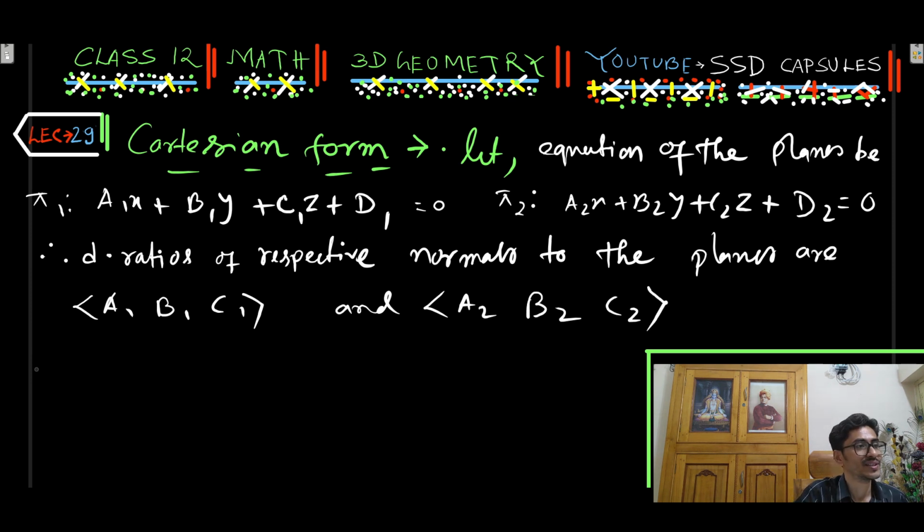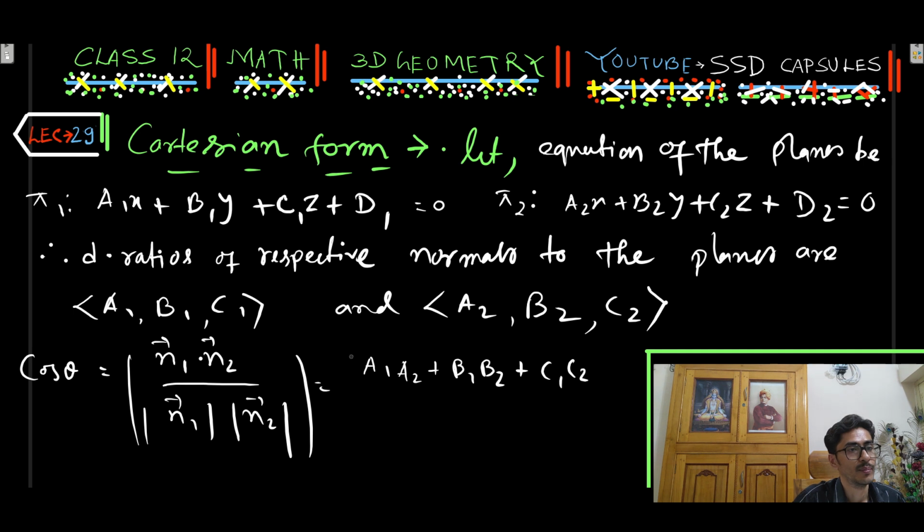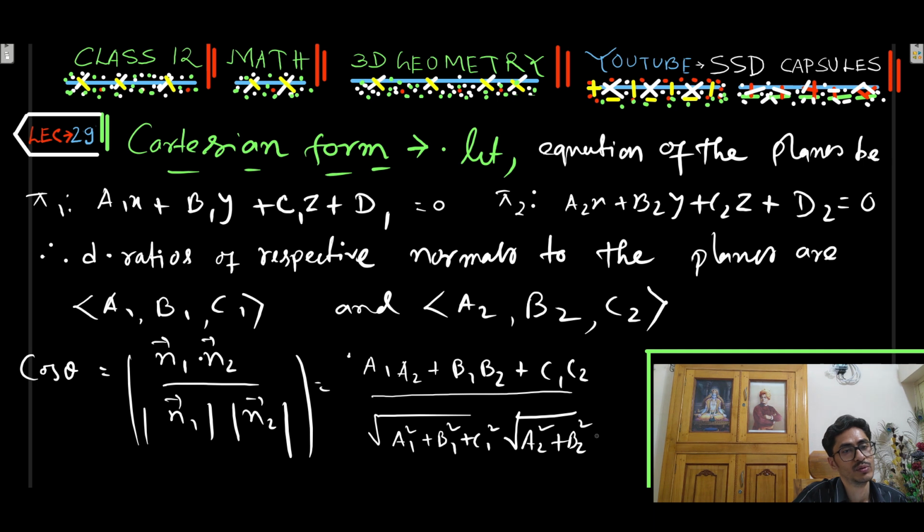So cos theta equal to what? We have got n1 vector dot n2 vector by n1 vector magnitude n2 vector magnitude. From this easily we can write that a1 a2 plus b1 b2 plus c1 c2 by root a1 square plus b1 square plus c1 square, root a2 square plus b2 square plus c2 square, whole magnitude.